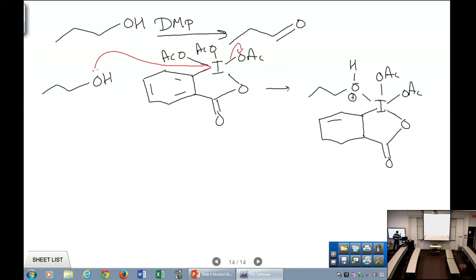Plus I get the acetate that I knocked off, and it's negatively charged. That acetate can now act as a base and remove the proton from my positively charged oxygen, pushing electrons back down on the oxygen.